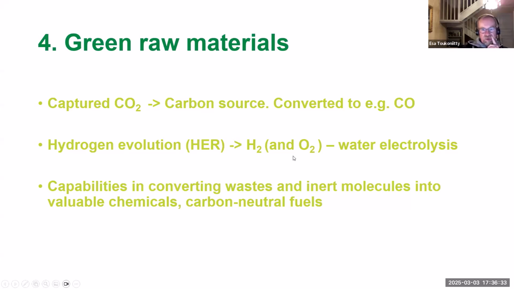You produce that hydrogen by electrolysis, and then you use other raw materials, typically captured carbon dioxide. You may convert that to carbon monoxide, for example. And if you mix these carbon and hydrogen sources, you can in principle make quite many different types of hydrocarbons.